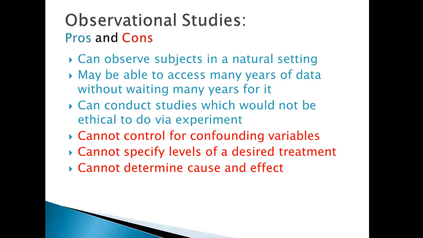And you can't as realistically determine cause and effect. It can be an indication, it can be evidence, but it's just not as strong evidence for cause and effect as a randomized controlled experiment.